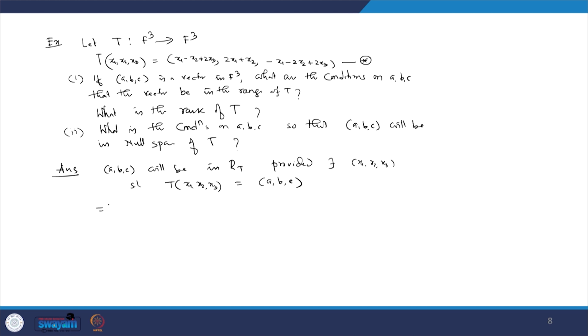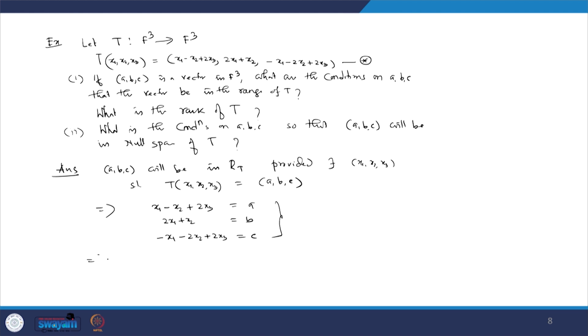So, this implies x1 minus x2 plus 2x3 equals a, 2x1 plus x2 equals b, and minus x1 minus 2x2 plus 2x3 equals c. This condition has to be satisfied because T(x1, x2, x3) is given in star. I have used that definition and I have these three equations. So, (a, b, c) will be in the range space of T provided this system has a solution.